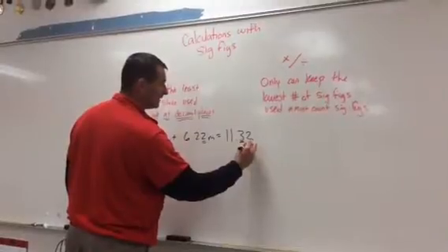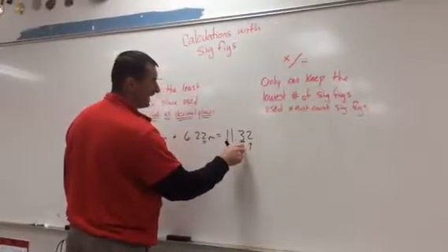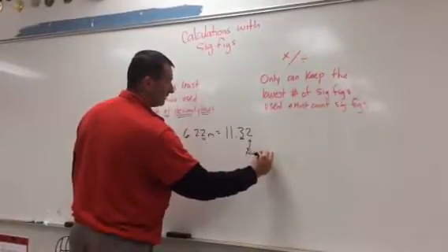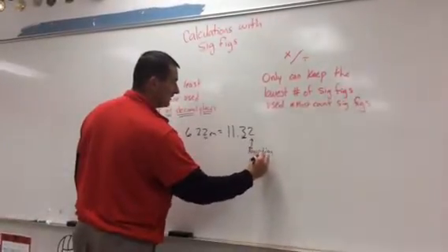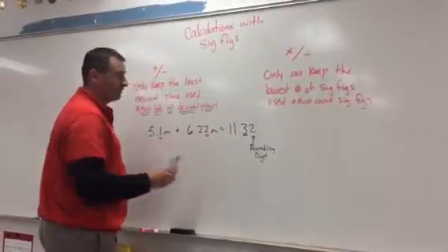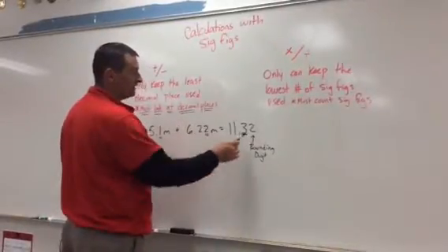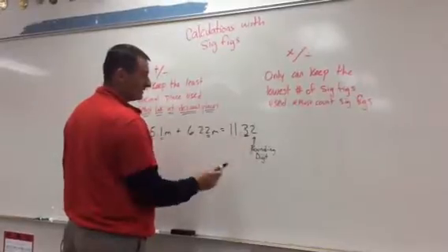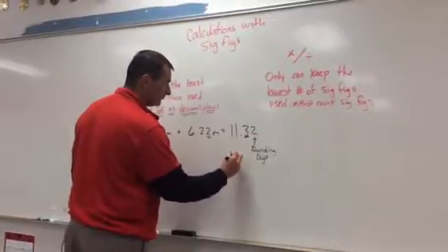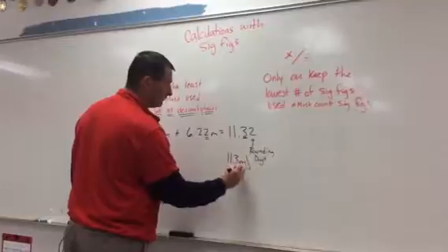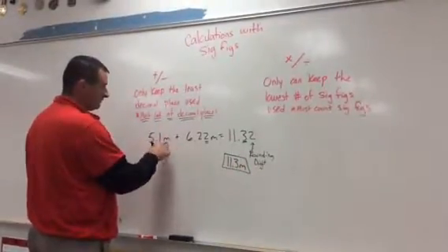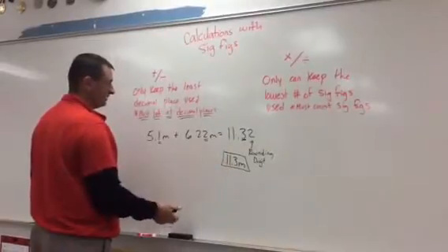The number to the right of my last significant figure is called a rounding digit. If this number is 5 or greater, then you round this number up. If it is 4 or below, then you don't mess with it at all. In this case, it's a 2, so it doesn't affect it. So my answer is going to be 11.3 meters, because with units, a meter plus a meter just stays a meter.